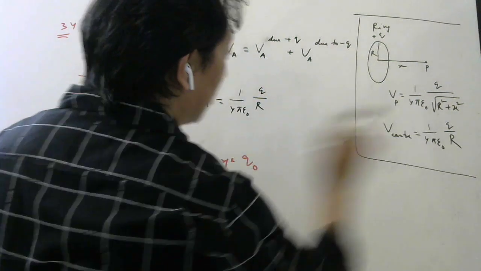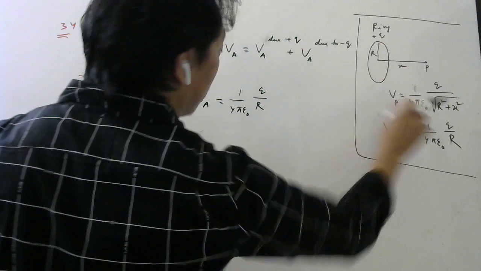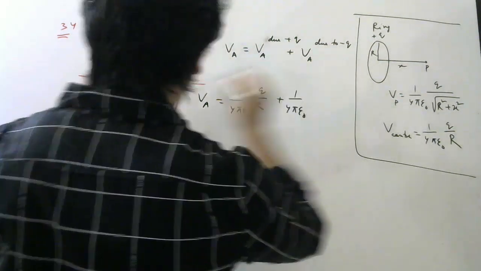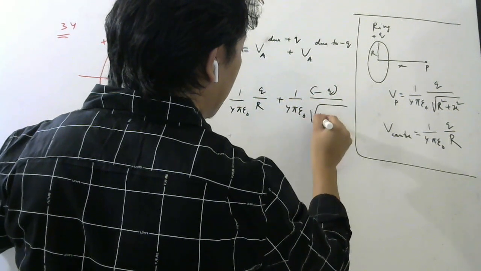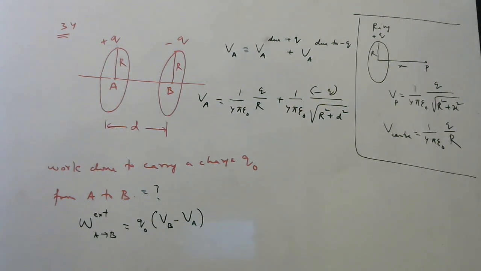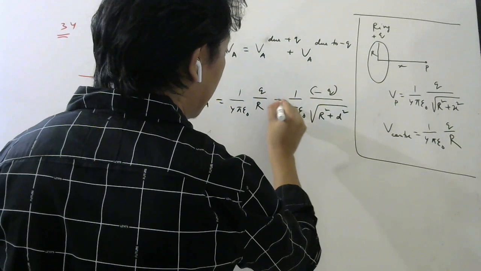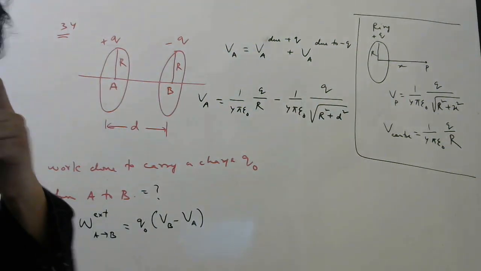So don't use this formula. It is at a distance d from the center, so you have to use the other formula. Plus 1 by 4 pi epsilon naught, the charge of this ring is minus q, divided by root over r square plus d square. Correct? So that is the potential at A. That part you please do yourself, okay?